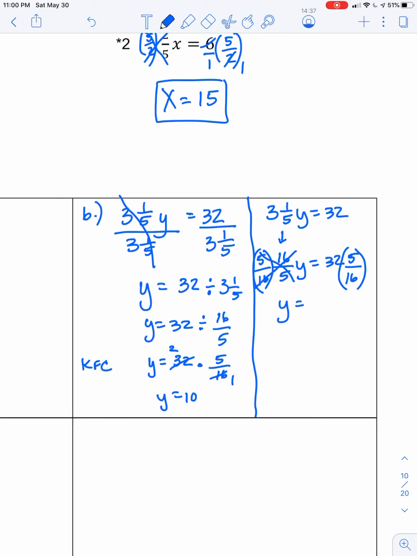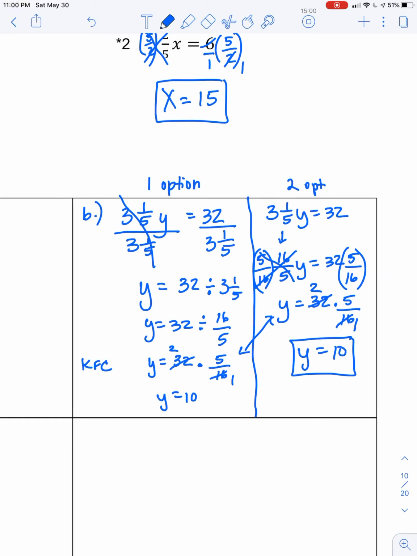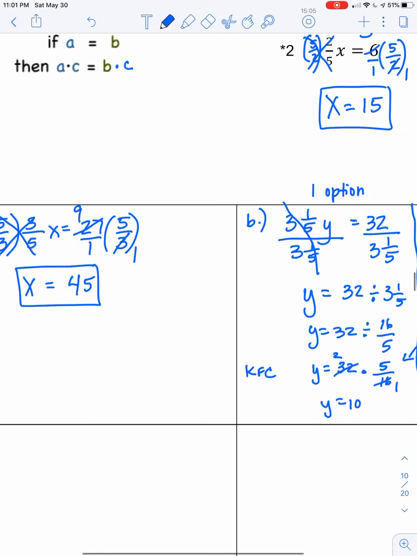So this is going to become 1y equals 32 times 5/16. So look here, that's the same step. And y equals 10. So this is one way, and this is the second option. I prefer this one.